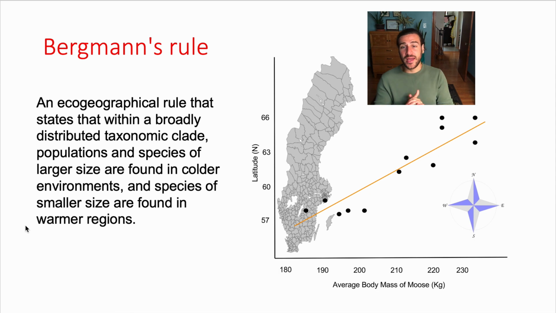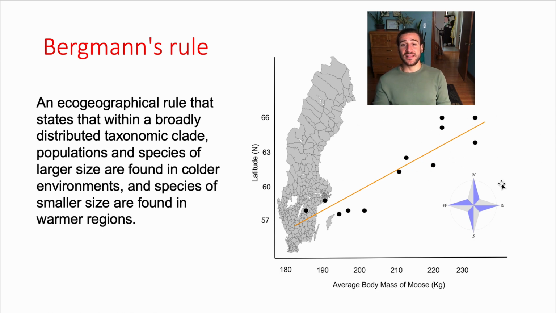So there's been a selection towards larger animal size the further away you travel from the equator. This particular figure shows the different average moose population sizes as you increase in latitude, and the further you traveled away from the equator, the larger the moose populations were.